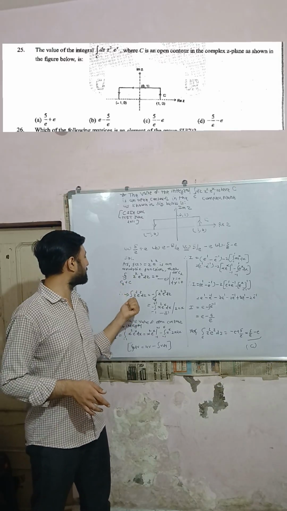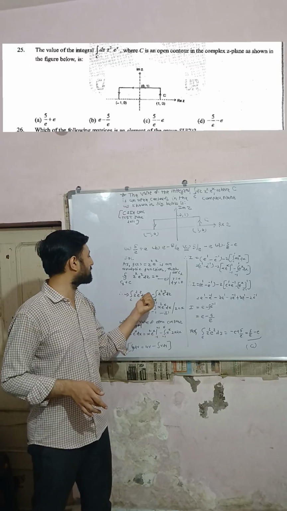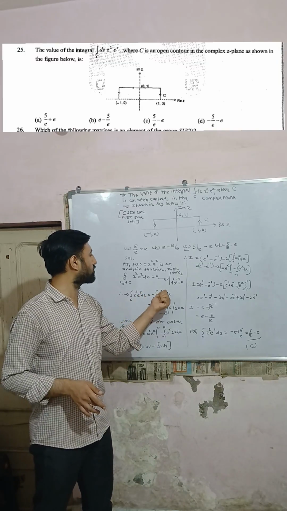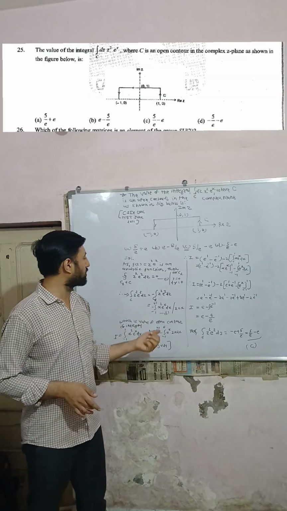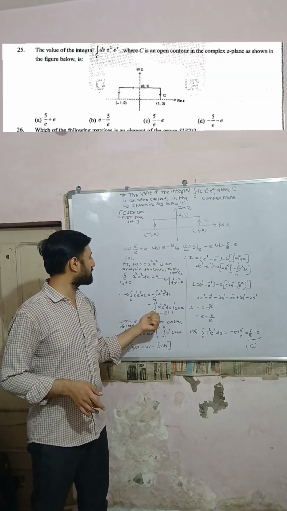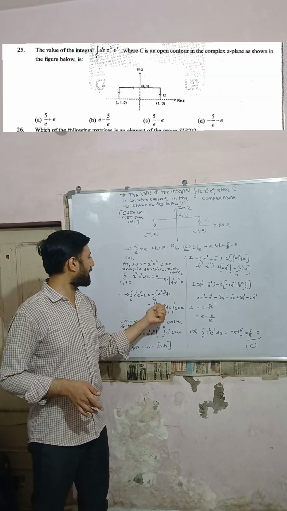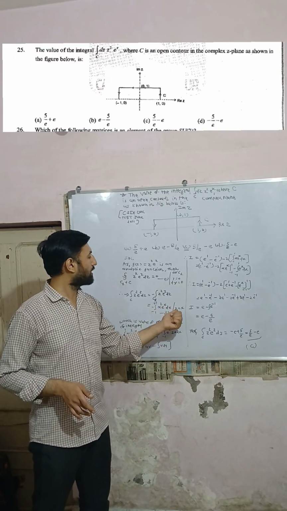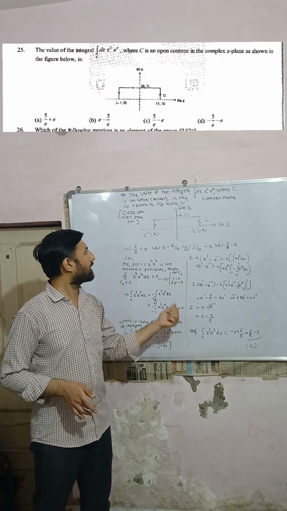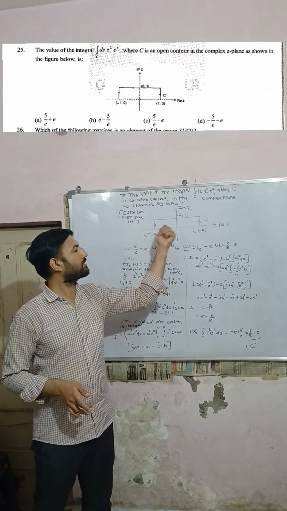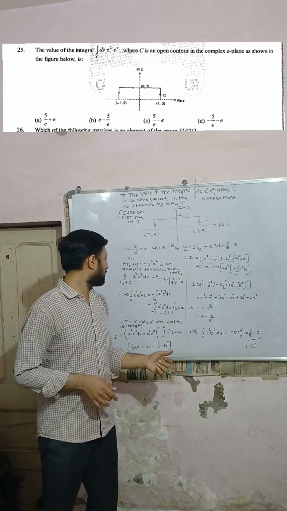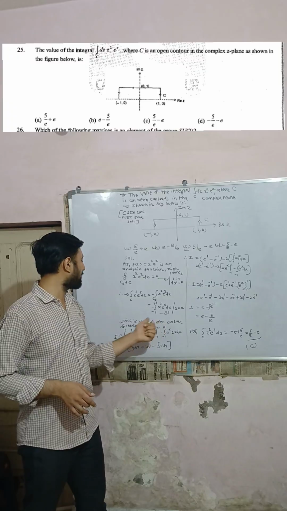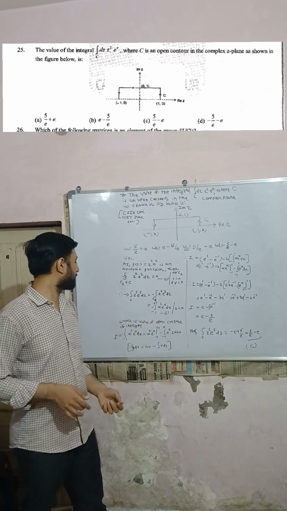So ∫_C z² e^z dz is equal to minus ∫_{C_R} z² e^z dz, which is equal to minus ∫ from -1 to +1 of x² e^x dx. Here we have considered z equal to x, as we are considering only the x-axis. And this is the value of the open contour integral.